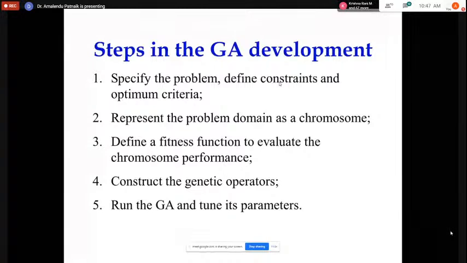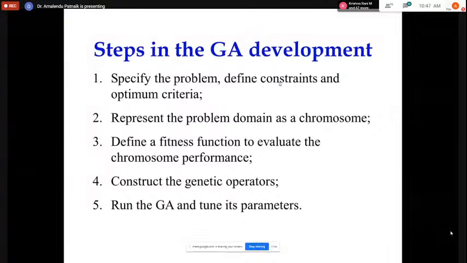If the difference between two consecutive FRs is within some limit, then stop my iterative process, something like that.